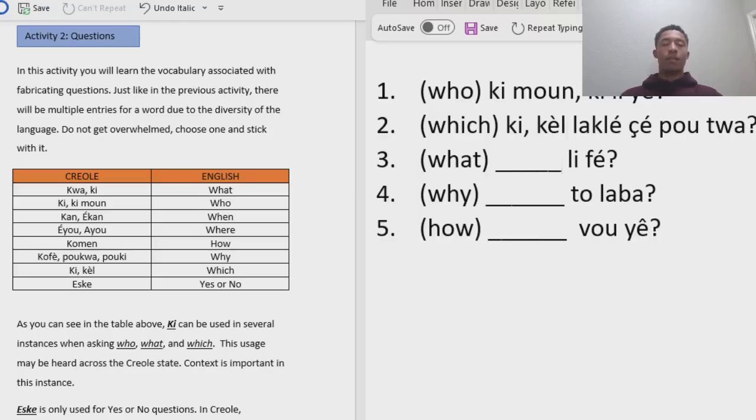Okay. Blank li fait. Blank he did. So I see qui and quoi, which are all correct, but what's another one you can use?